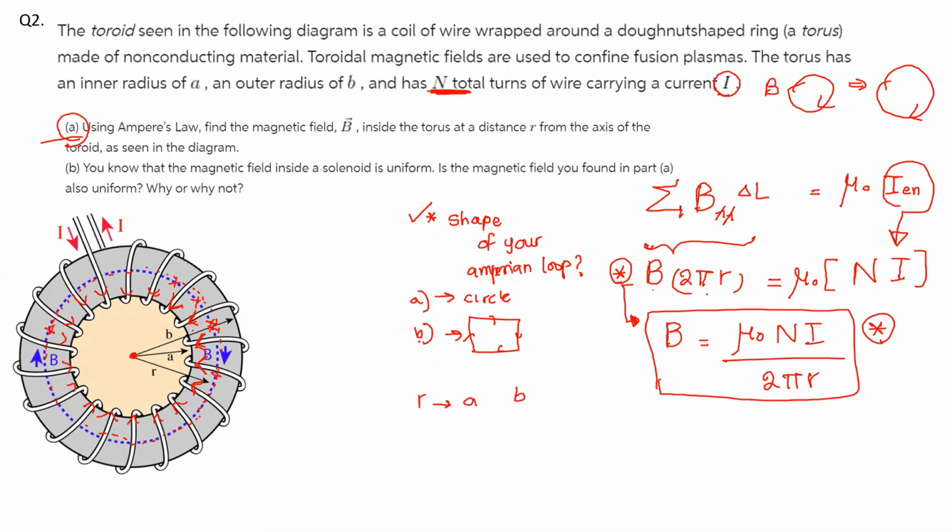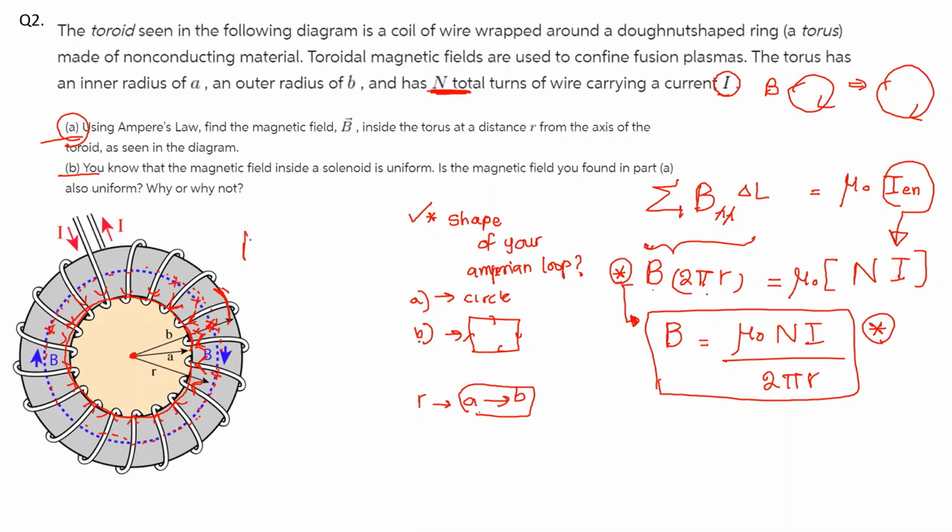Here the circumference is small, closer to A it's small, and here it's the largest. So I want you to think that r can vary from A to B and tell me the answer for B.